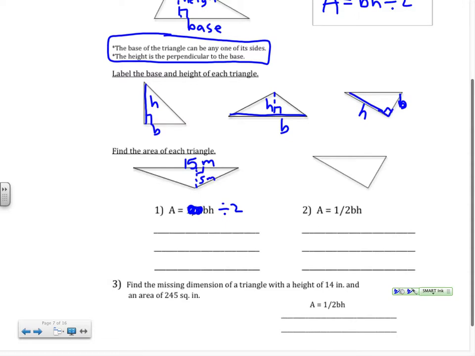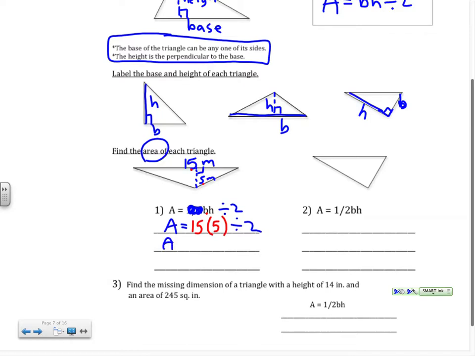Just like with parallelograms, start with the formula. Area, that's what we're looking for. Find the area of each triangle equals, substitute what my base is. So the base is 15. Substitute the height, which is 5, and don't forget parentheses mean multiply. And then I simply continue the formula, divide by 2.